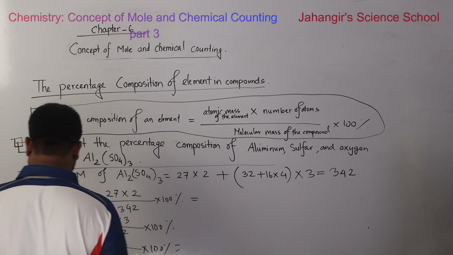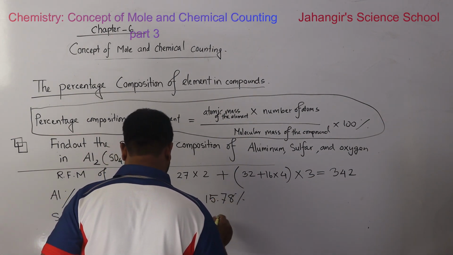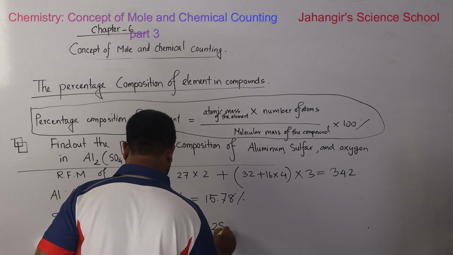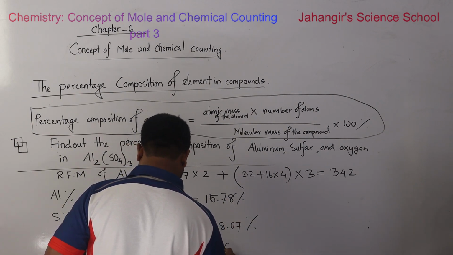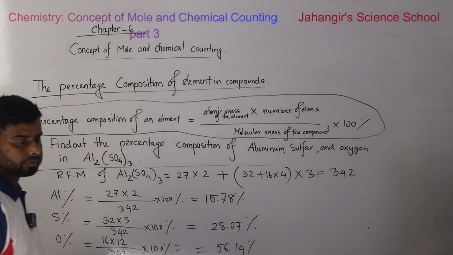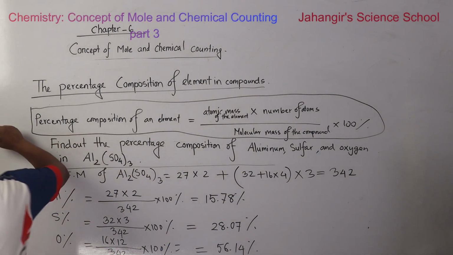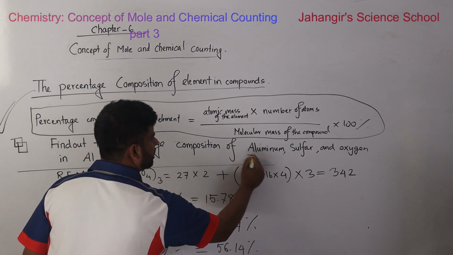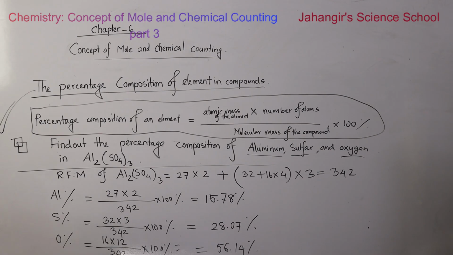After calculation, aluminium is 15.78%, sulfur is 28.07%, and oxygen is 56.14%. By using this technique, we can calculate the percentage composition of any compound.